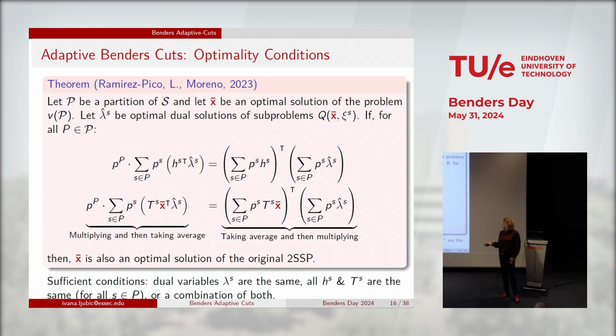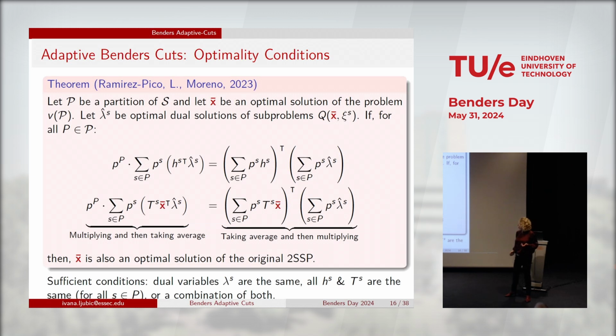We were not just focusing on the dual variables, but exploited the structure a little bit better. So that's the key result: we have the conditions under which we can stop refining any longer.